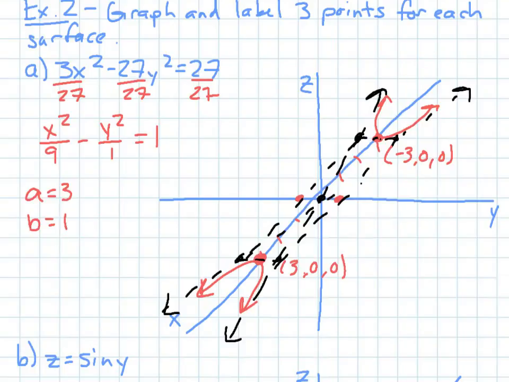So 4, 4. Okay, so then now I can make the hyperbolas vertically, and then usually shading of some sort kind of helps your picture out a little bit.